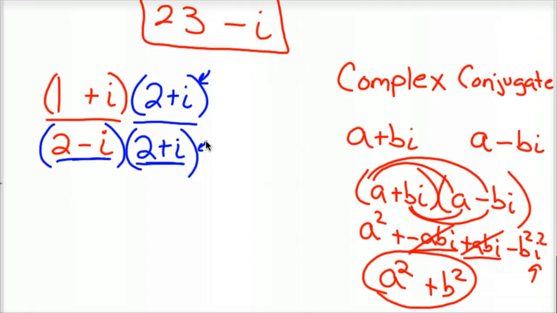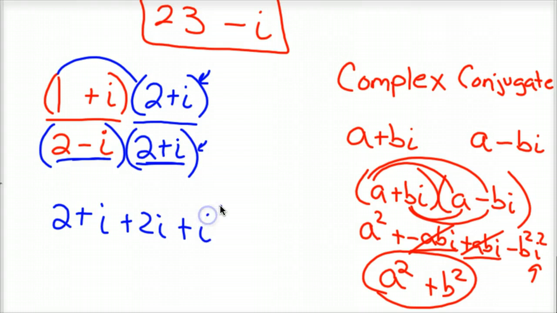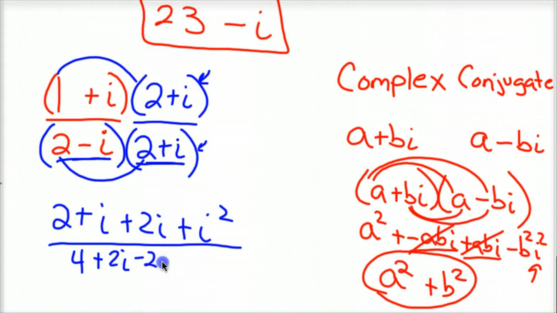So I've multiplied this by a really fancy number 1. And then you multiply the top and the bottom, and what you end up with, so I'll go ahead and do that. 1 times 2 is 2 plus i plus 2i plus i squared over 4 plus 2i minus 2i minus i squared.